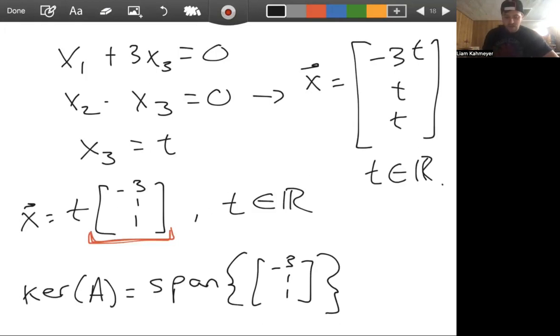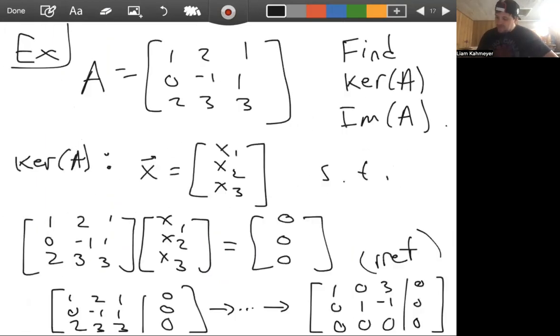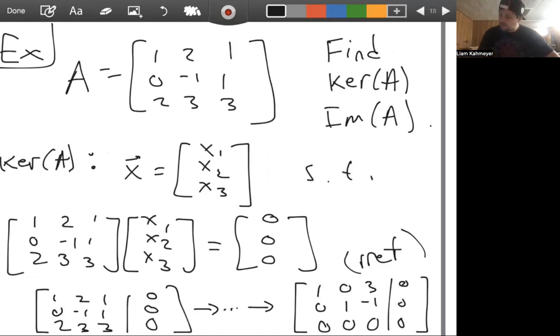Well, how do we find the image? The image is just everything, right? The image is basically, you're going to think of it as the column space because it's everything that this matrix is mapped to, right? You're looking at everything that when you apply this matrix to X, you're looking at all outcomes, right?